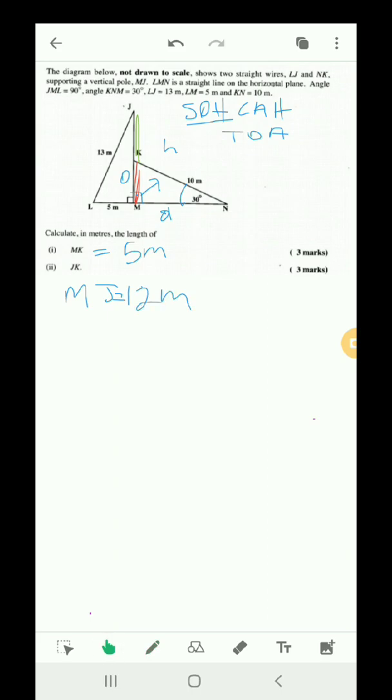As I had explained to you before, MJ is all of this line right here, and we're going to take MK from it, which is this line here, so we'll be left with JK. Alright, so JK is equal to MJ minus MK.